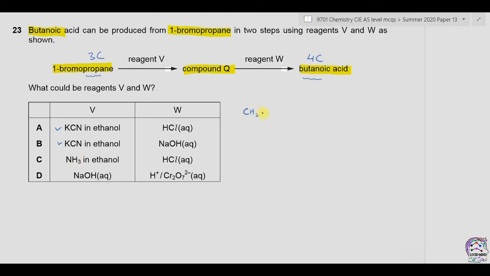We have bromopropane. When it reacts with KCN, cyanide ion actually replaces bromide, so it becomes nitrile plus KBr. This is butane nitrile.